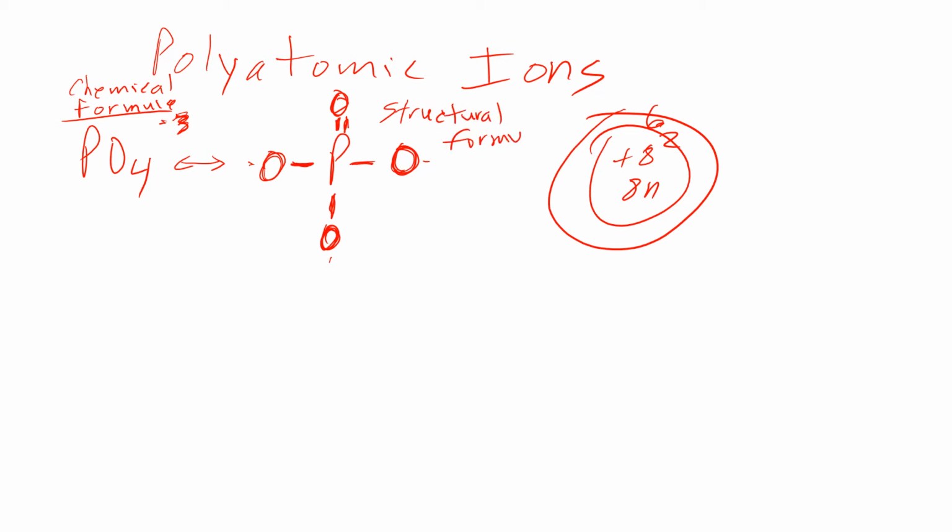Since these are polyatomic, many different atoms bonded together with really strong covalent bonds, the PO4 is going to stay together. Usually when it's written, they'll put it in brackets, so this whole PO4 group stays together.